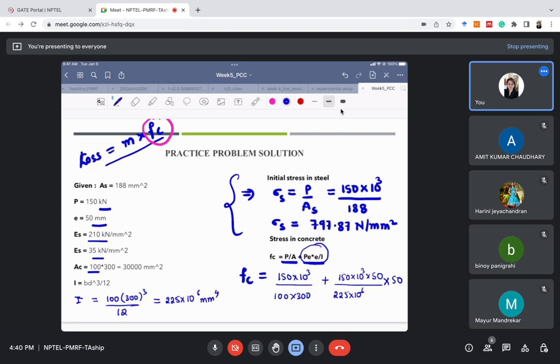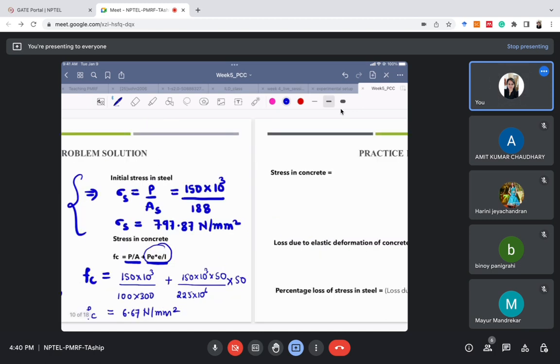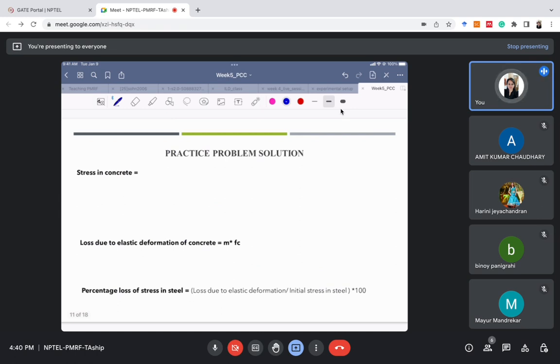So finally we will get the value of Fc as 6.67 Newton per mm square. Okay, so now we have calculated the value of Fc, the stress, as 6.67 Newton per mm square.